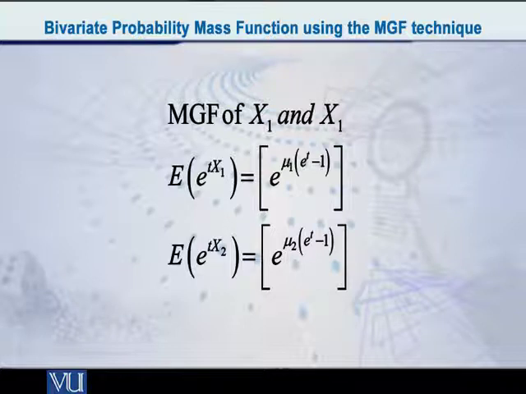Similarly, for the MGF of the other Poisson random variable x2, we will have exactly the same kind of expression, e raised to mu2 into e raised to t minus 1. ये पहले से जहन में रखें कि x1 और x2 के अपने जो MGFs हैं, their expressions are like this.